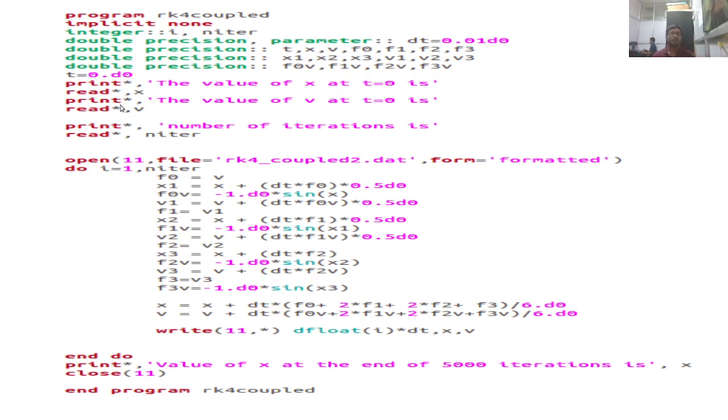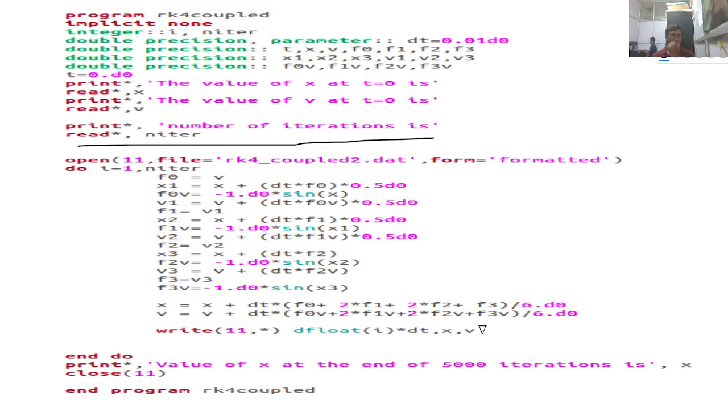Okay, so initially I have been given all the values of x, v at t equals 0 as given in the question, as well as the number of iterations. Then, as before, I have opened a file in which I am going to store all the values for the time and the velocity, as well as the displacement at those particular times.